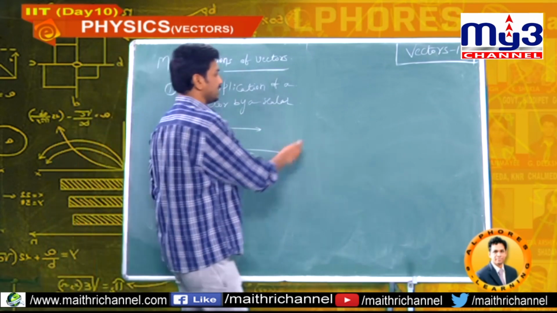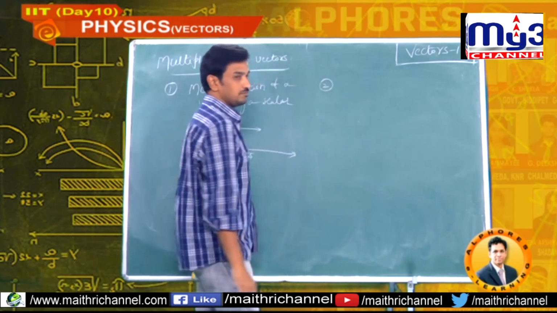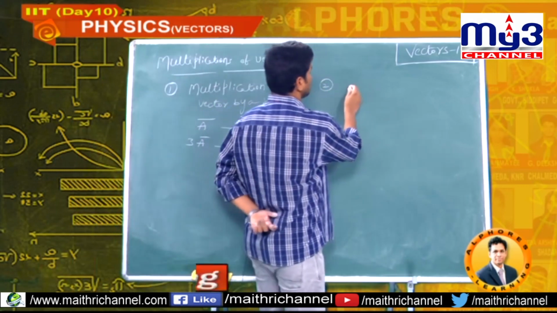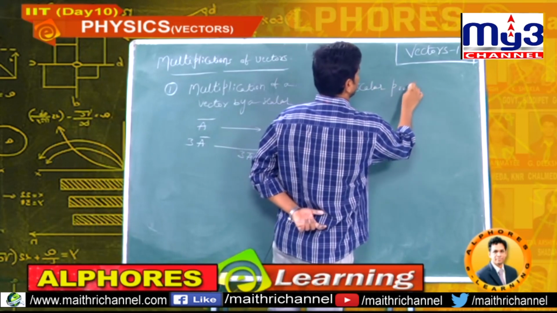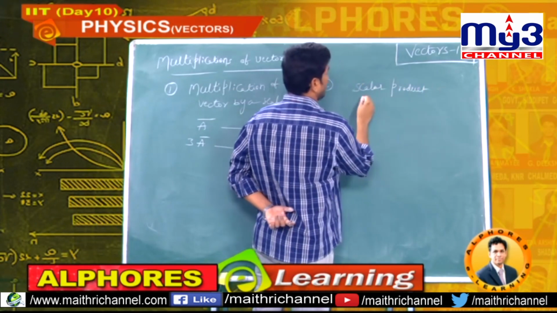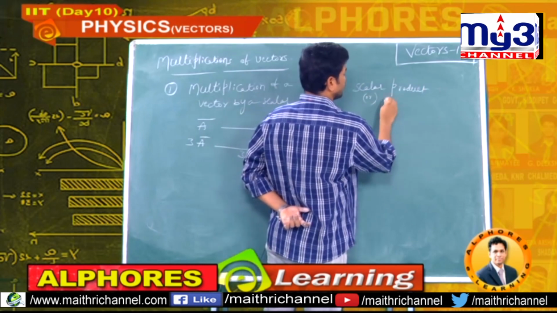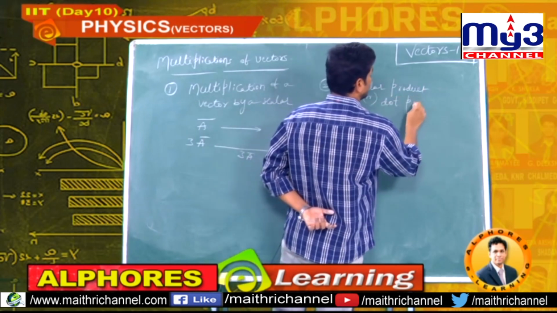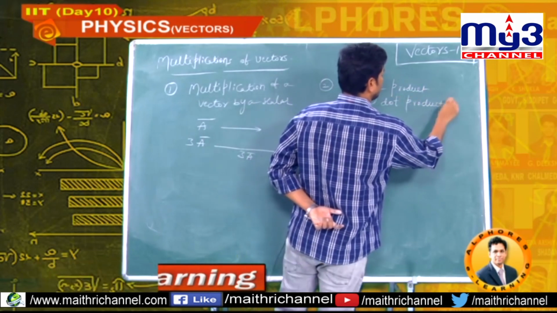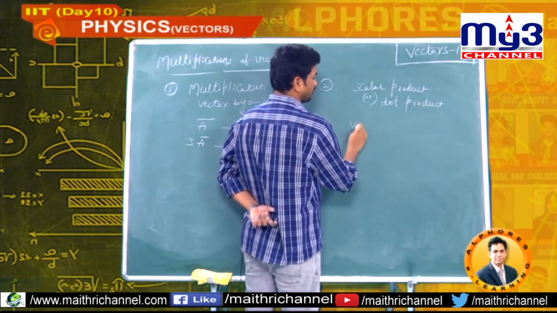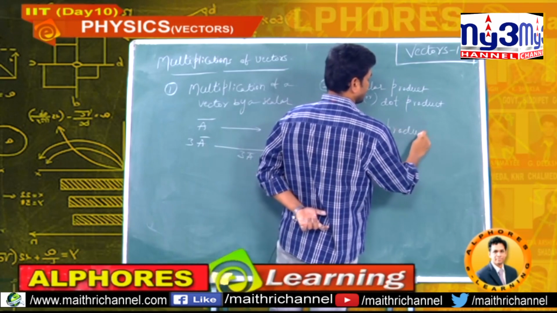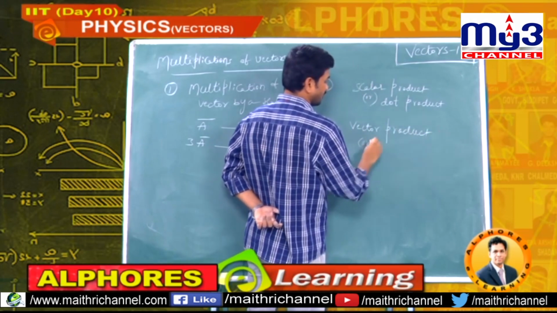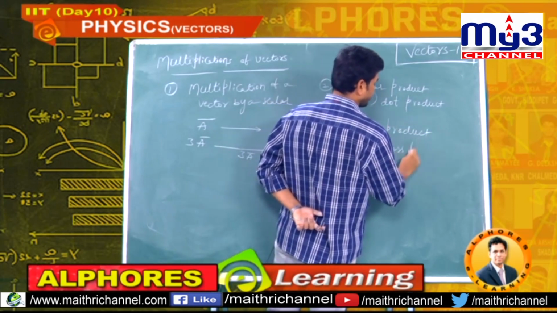Now the second category of multiplication of vectors, that is scalar product, or otherwise one more name, dot product. One more, vector product, or otherwise cross product.